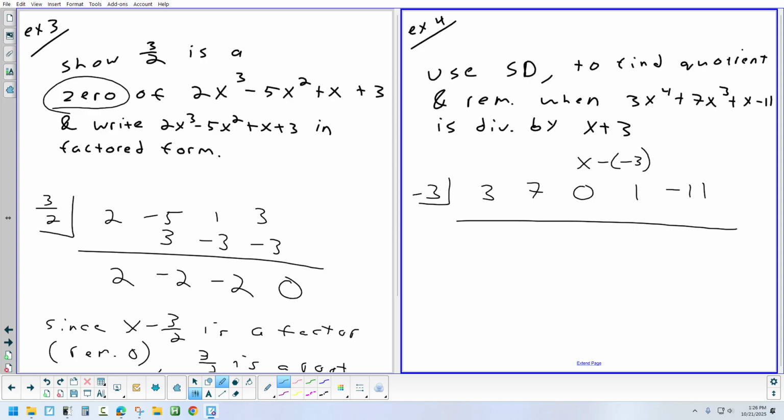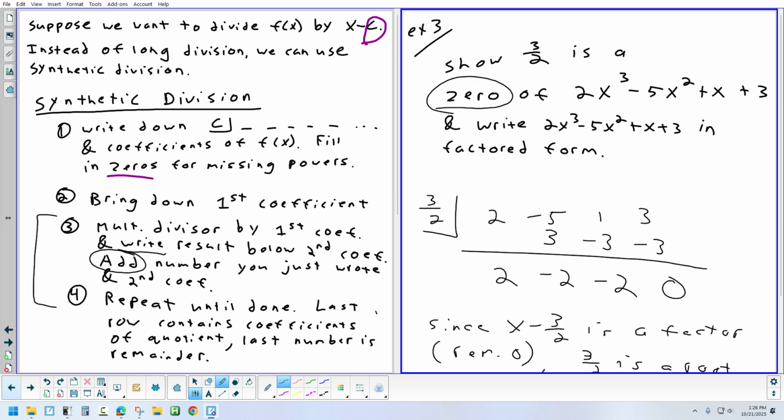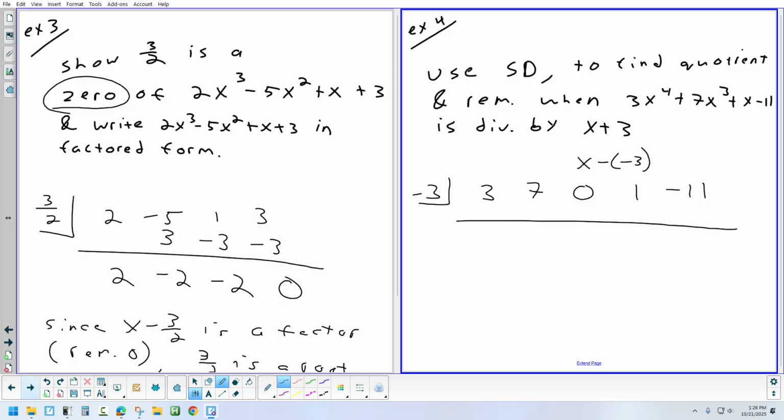Okay, what's our first step? Look back at the notes. Bring down the 3. After you get it set up properly, bring down the first coefficient. So bring down the 3.